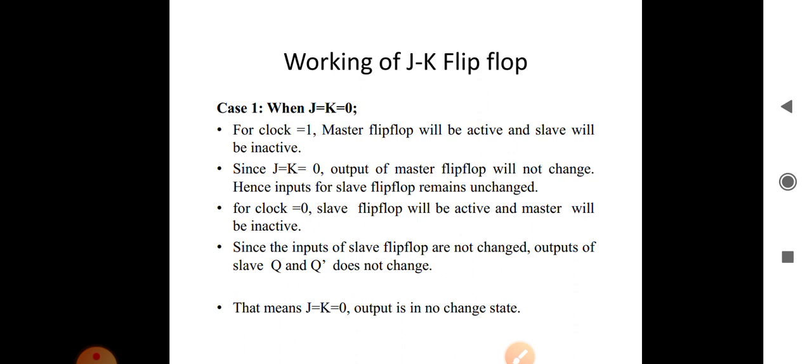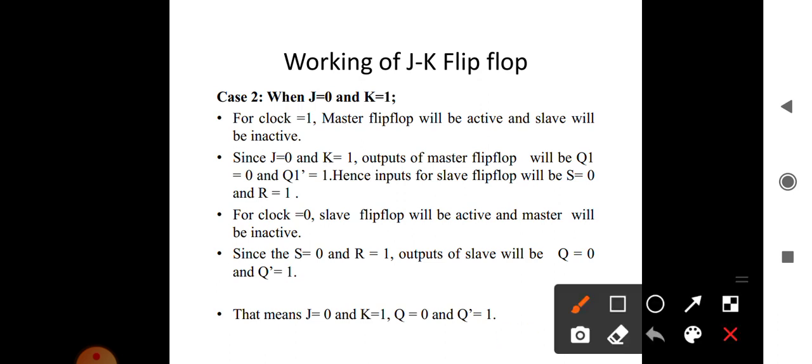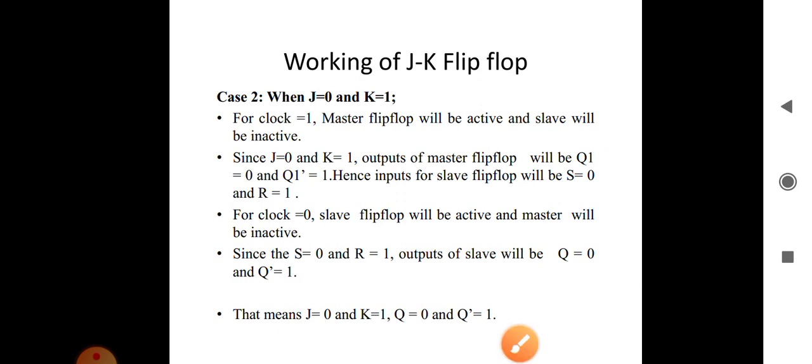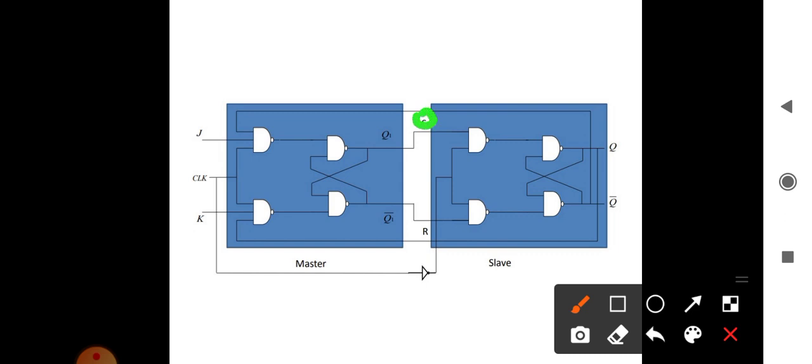So the inputs of the slave flip-flop will be S is equal to 0 and R is equal to 1. But this input S is equal to 0, R is equal to 1 will be active only once the clock pulse goes negative to 0.